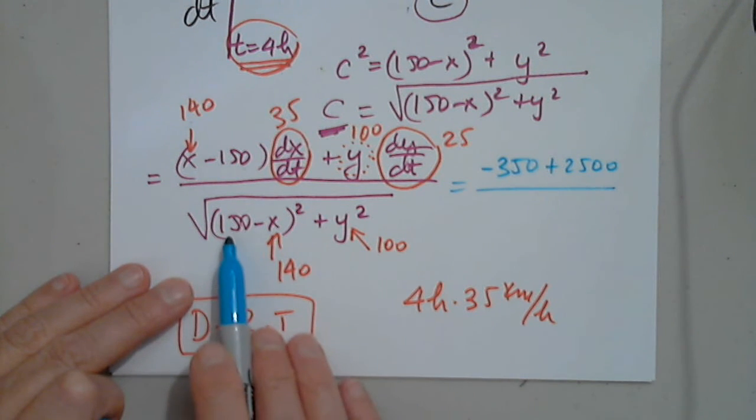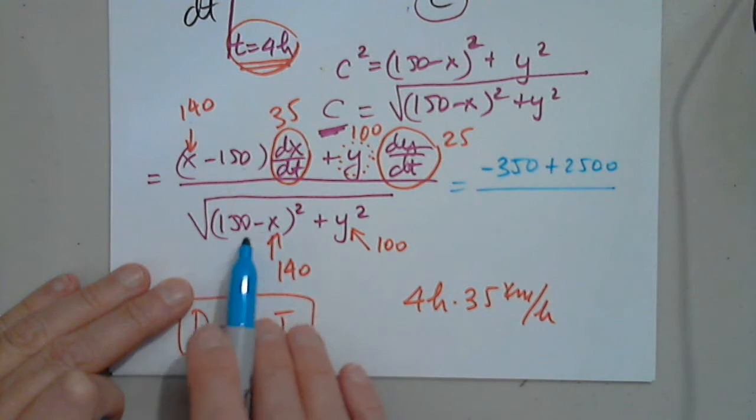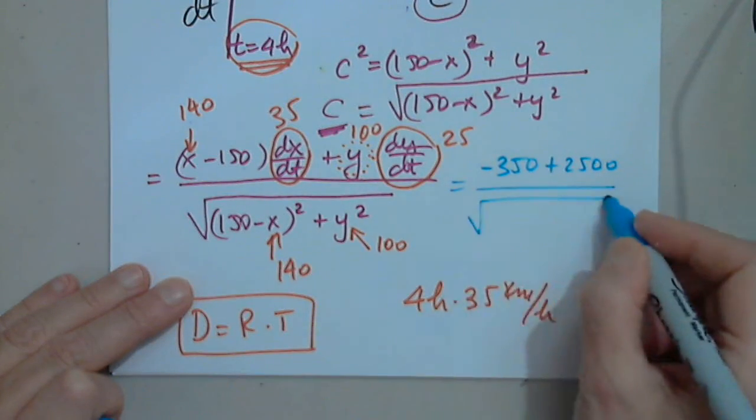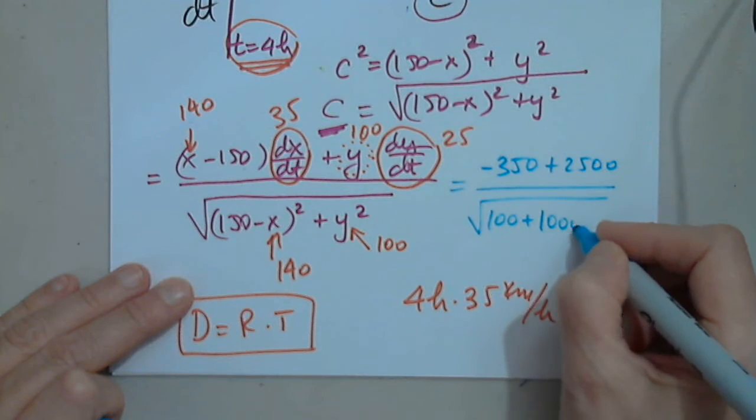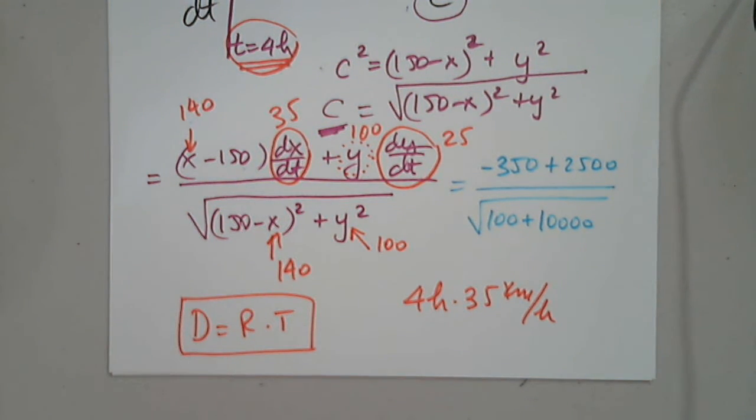Here, the same thing. It's 150 minus 140 is 10. Squared is 100, plus 100 squared. So I'm going to put everything in the graphing calculator. I'm going to share my screen, and here's the calculator. And I have in parentheses negative 350. Just making a point. I don't need to do this with a calculator, but I just want to make a point and remind you of parentheses.